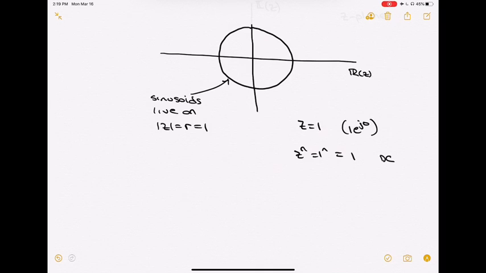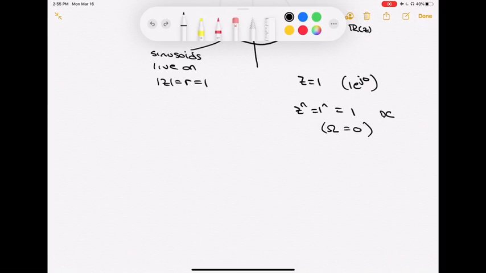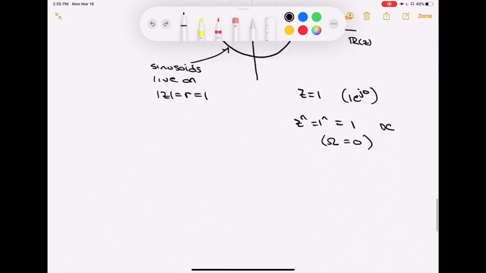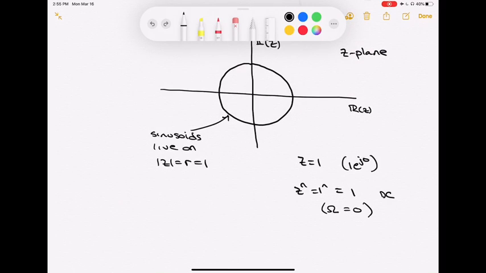And if we think about that in terms of the digital frequency omega, that's omega equaling 0. So when we think of this point z equaling 1, frequency omega equaling 0, and we want to locate that in the complex z-plane, we see that it's right there at z equaling 1. It is on the unit circle. It is a sinusoid. DC is a sinusoid. It's the lowest frequency sinusoid.